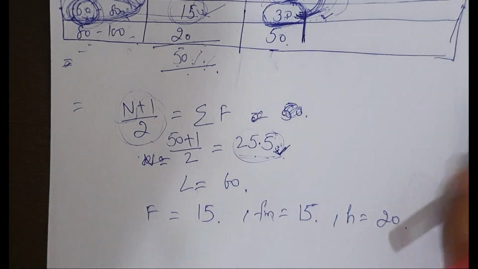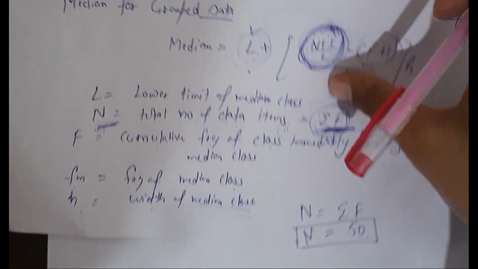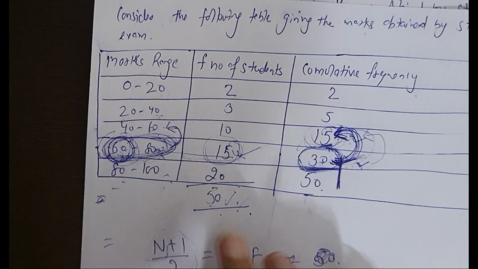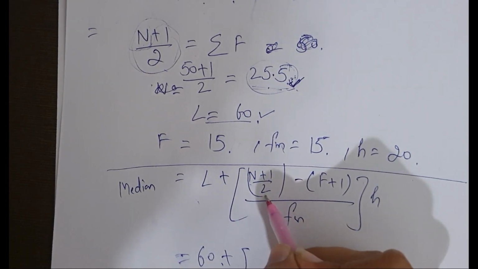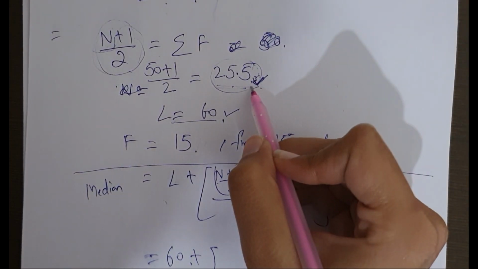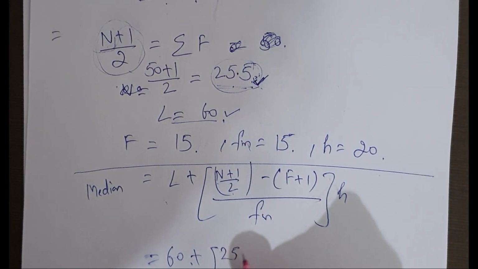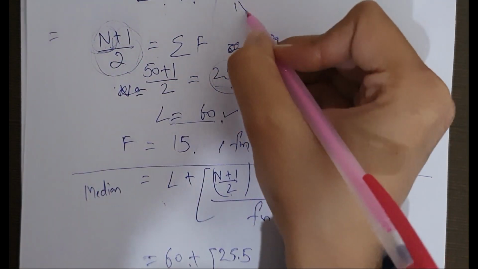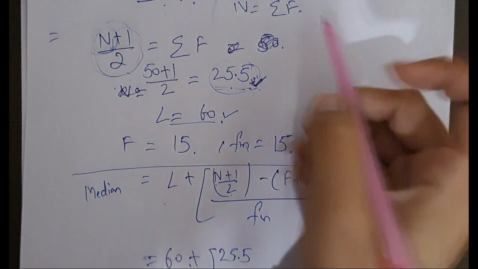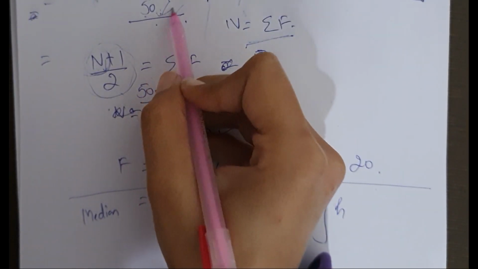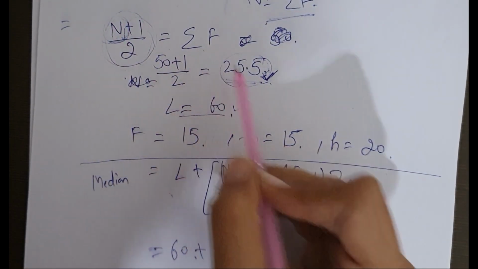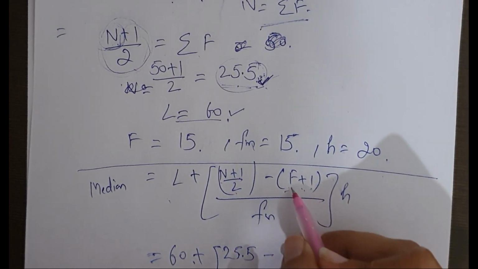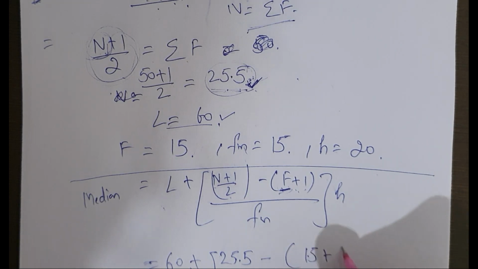Now put this in this formula and you will get your answer. Here L value is 60, that is the lower limit, plus n plus 1 by 2. This came out to be 25.5, because n value is equal to summation of f. We got summation of f is equal to 50. So we put this in this formula and it will come out to be 25.5 minus f plus 1, that is 15 plus 1.